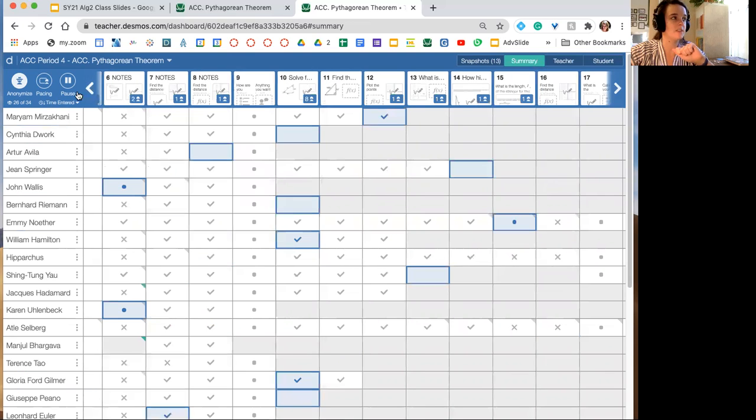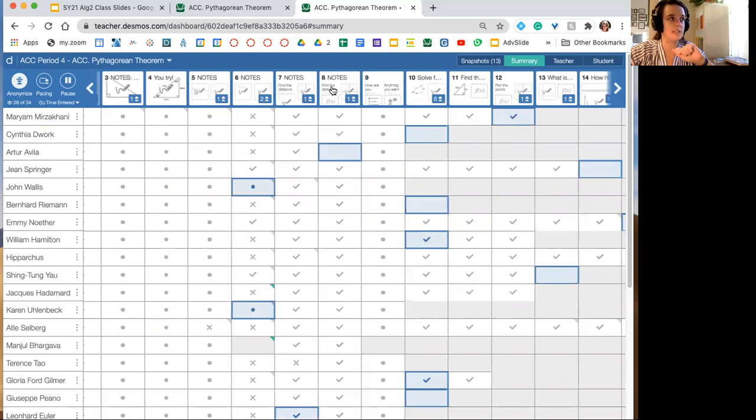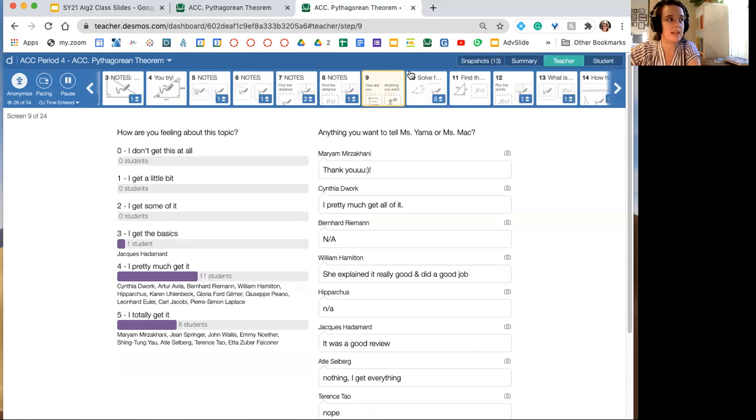If you did not finish the notes, you're working through the notes. That goes up to slide 8. And then you're working on slides 10 through 20. If you have any questions, you're going to go ahead and ask those, right? It looks like a lot of us are 4s and 5s. That's looking pretty good after the notes. So you're going to go ahead and keep working.